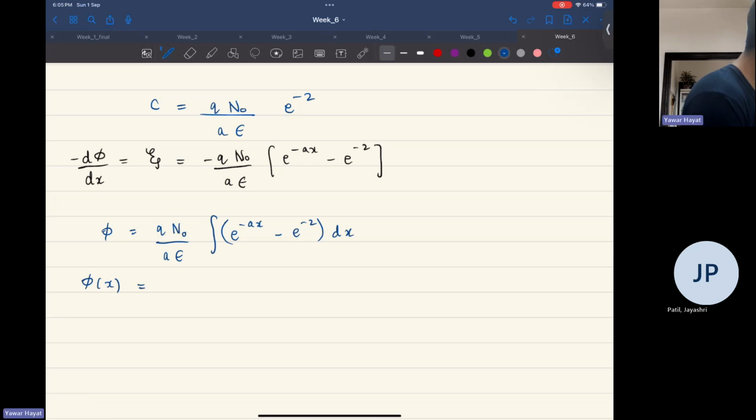Phi of x would be equal to qn0 whole divided by a epsilon, exponential of minus ax whole divided by minus a, minus exponential of minus 2 times x, plus c.